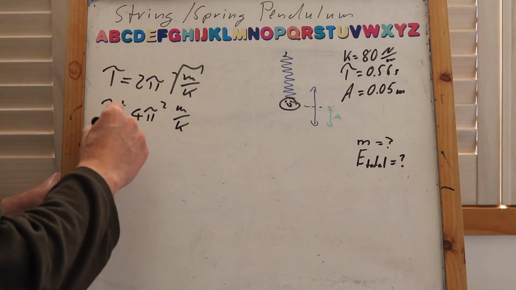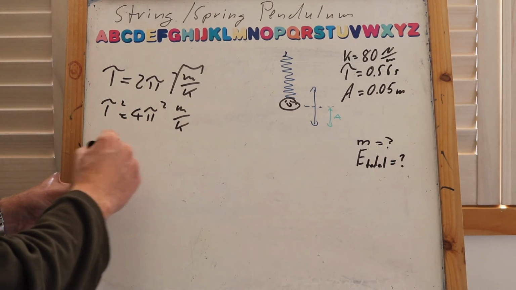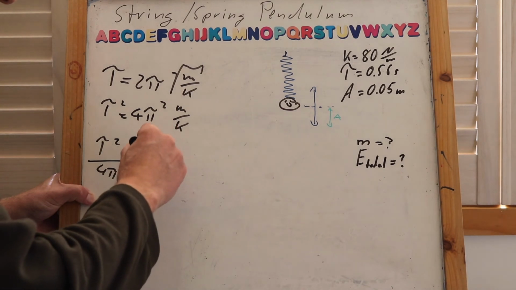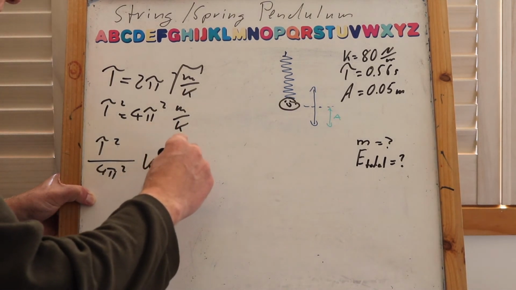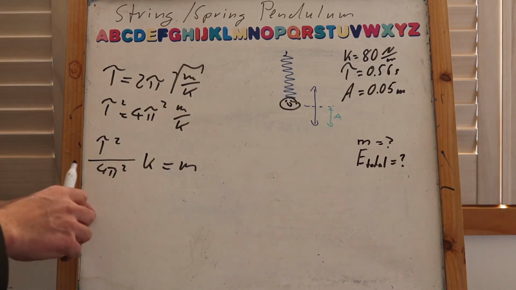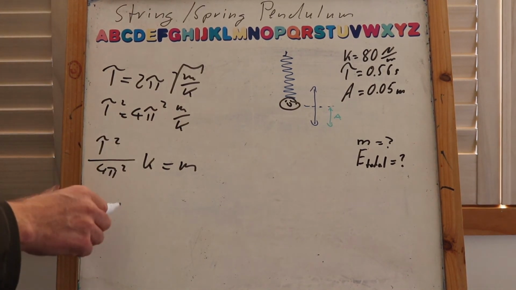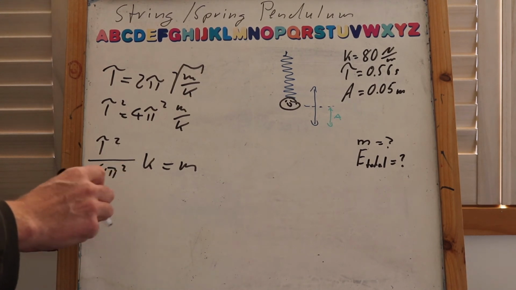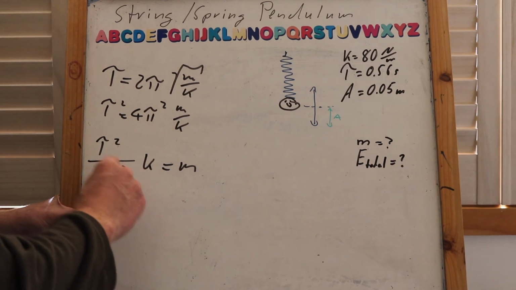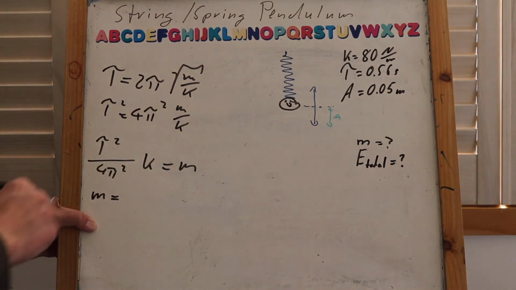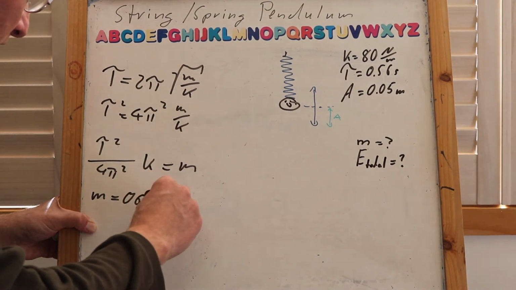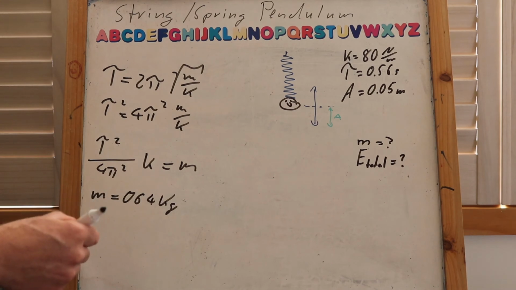Therefore, T squared divided by 4 pi squared multiplied by k equals mass. If we put in 0.56 for the time period and 80 for the spring constant, we work out that the mass has to be 0.64 kg. I hope you managed to get the same result.